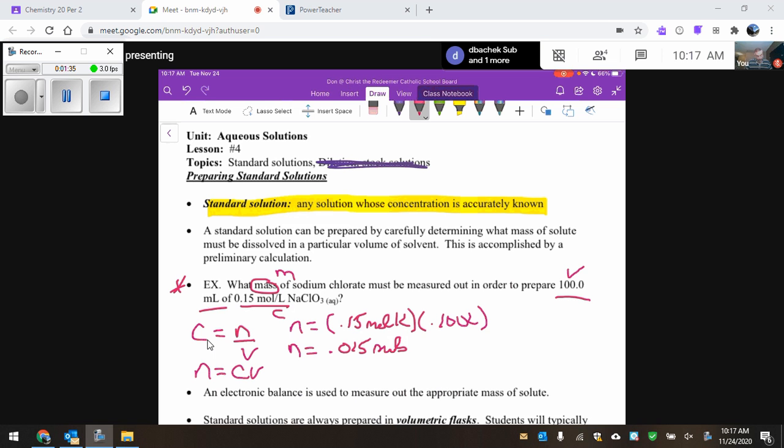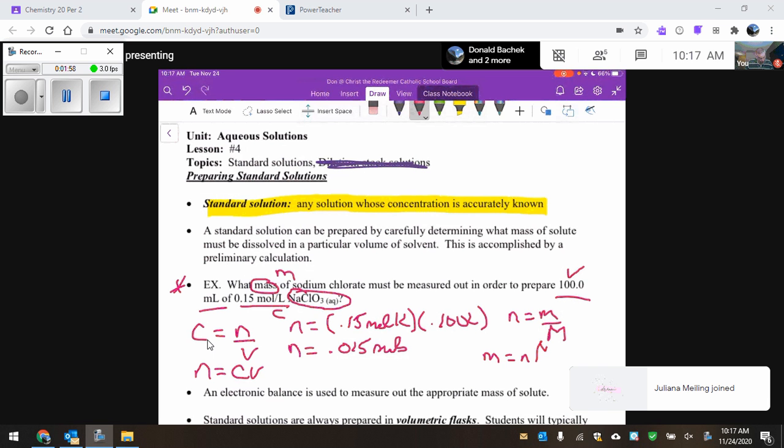Okay. Now, I happen to know we're looking specifically for sodium chlorate. So again, find the molar mass of that, and we're going to use this formula now to find the mass, because anytime you're asked to solve for mass, this is the formula that does that, right? So we're going to do m equals n times big M, and my 0.015 moles would go here.